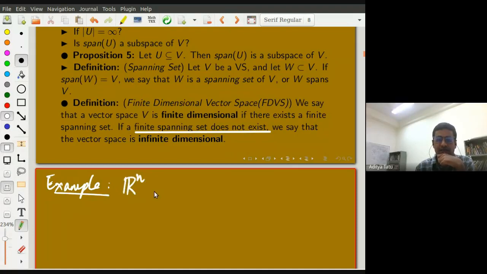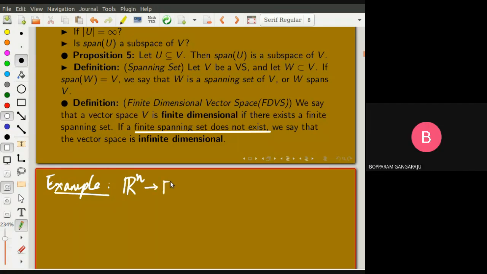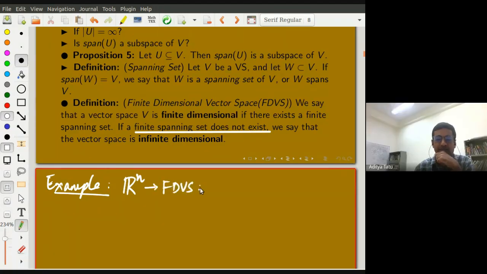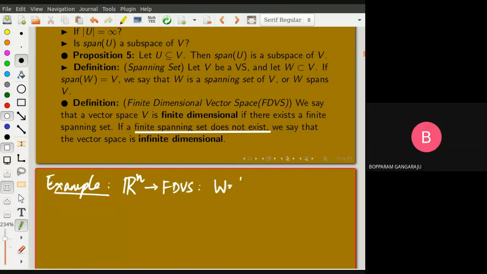Is this a finite dimensional vector space? Yes. Why? Give me a spanning set of this which is finite. The columns of the identity matrix. Columns of the identity matrix.